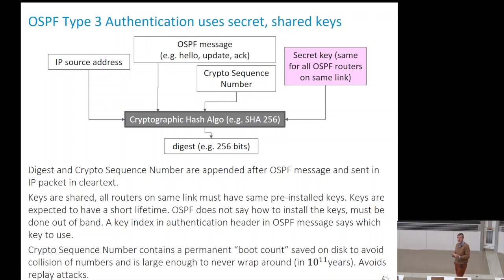An easy attack could be to take advantage of crashes if the sequence numbers are the same. So hopefully they're not the same, because the OSPF specification says that this should be written to permanent storage, to disk typically. So whenever you reboot, you add +1 to your reboot counter, and all your sequence numbers will be different from the last time you rebooted.